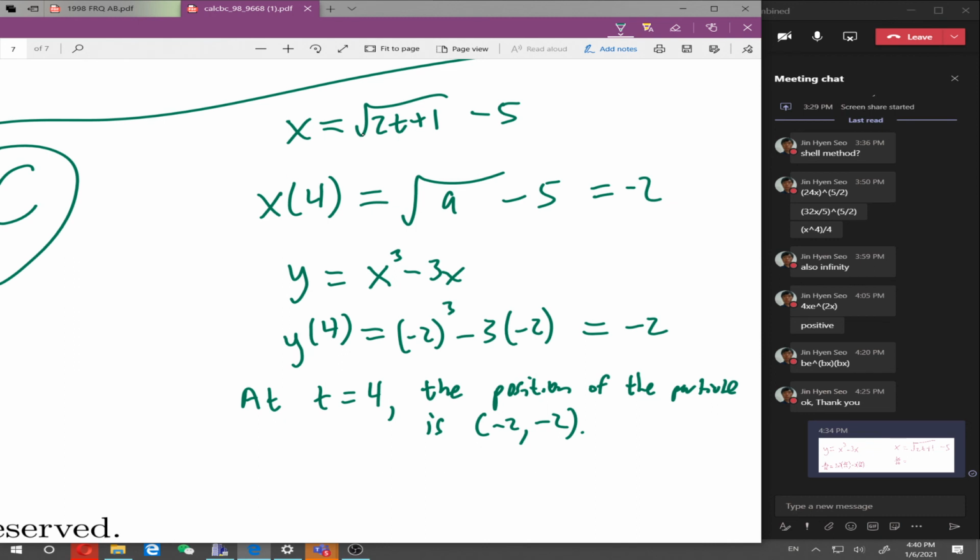Okay, a little bit harder. I want to know what the speed of this particle would be. What's the equation for the speed of a particle? Or how can I find the speed given this information?